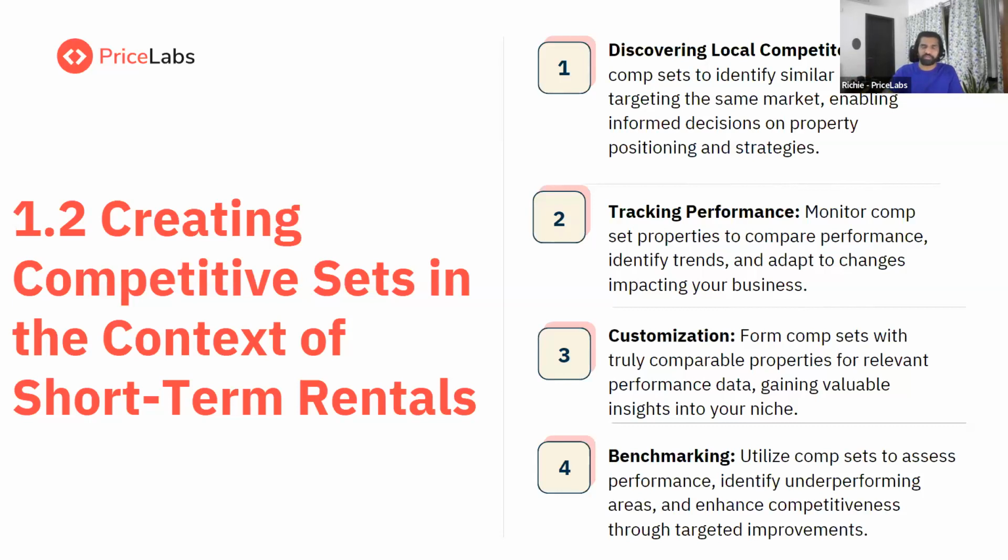Number two, it lets you easily track performance. What is the occupancy of the market, or what is the occupancy of an individual listing in comparison to your own listing? It allows you to customize more easily what to select in the market itself, right?